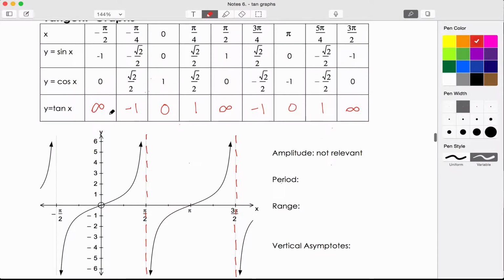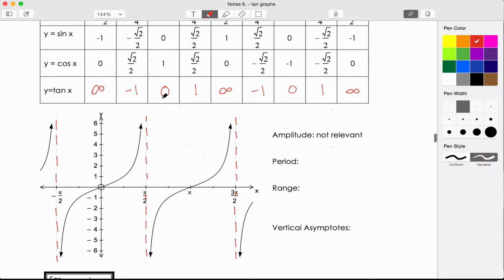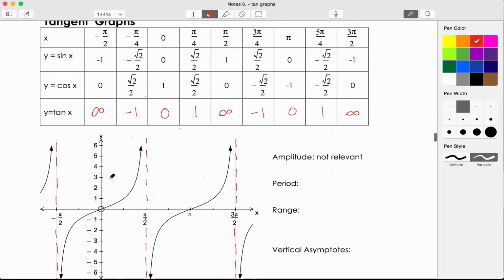So I've got one asymptote at negative pi over 2, which would be this one here. One at pi over 2, and one at 3 pi over 2. In between, my 0 values here and here are at x equals 0, x equals pi.